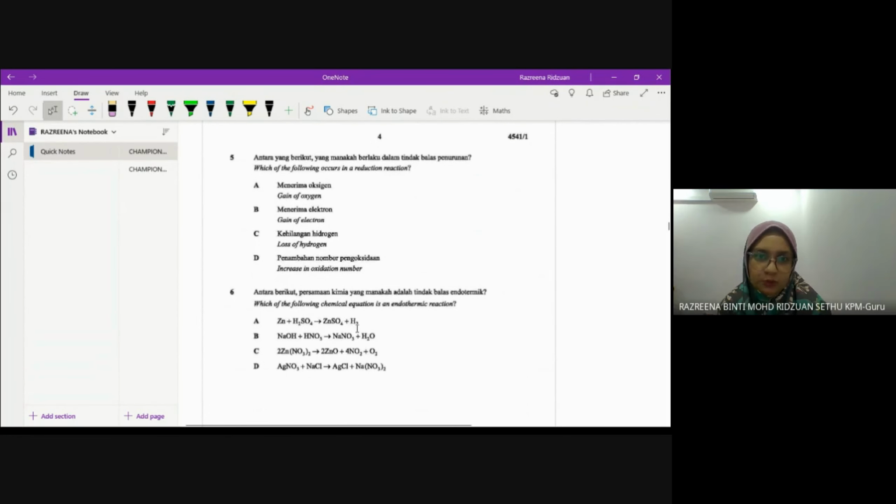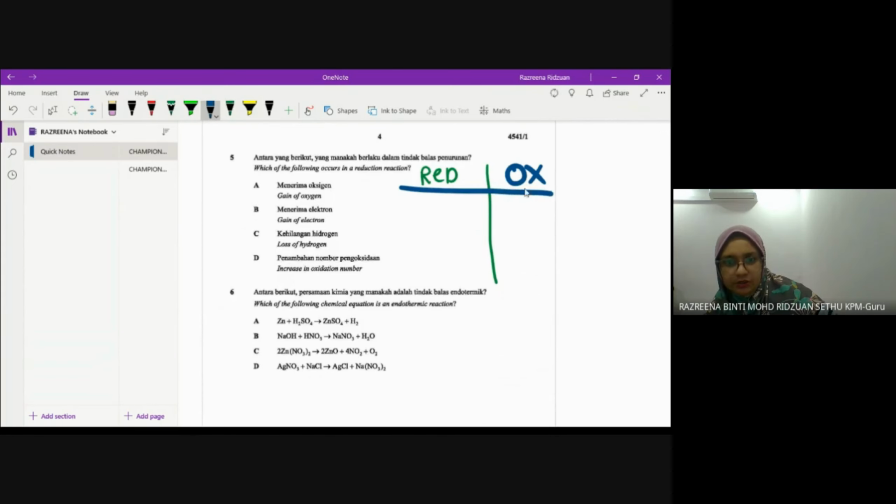Question 5. Which of the following occurs in a reduction reaction? We need to understand reduction and oxidation. What is reduction? What is oxidation? Let's look at the criteria we need to see: oxygen, hydrogen, electron, and the next is oxidation number.